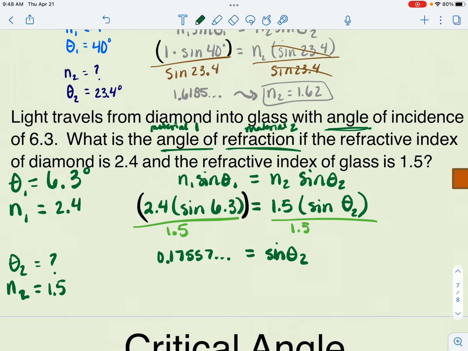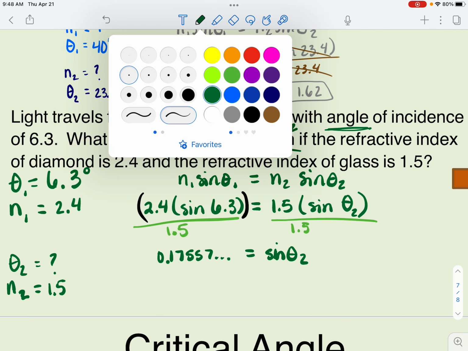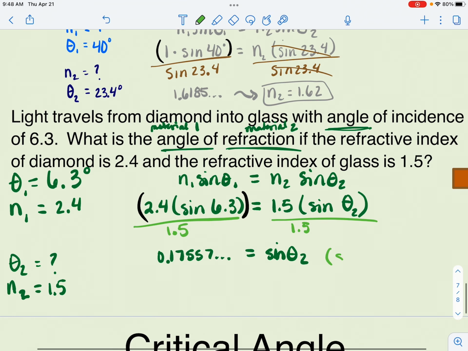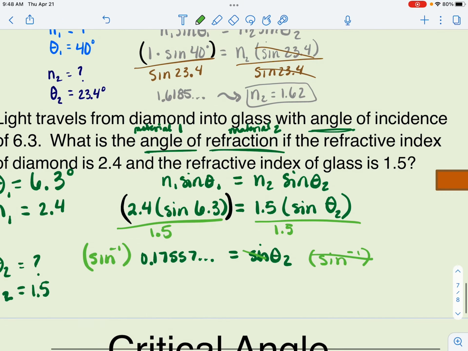So here's the deal. You cannot divide by sine. If you try to say divide and then hit your sine button in your calculator, it's going to give you an error. Instead of dividing by sine, what we're going to do instead is we are going to multiply by the inverse sine. So in your calculator, the second function of the sine button is going to be your inverse sine. So you're going to hit that button first. What that's going to do in my algebra, it's going to cancel out the sine and the inverse sine, and so I'm just going to be left with theta 2.